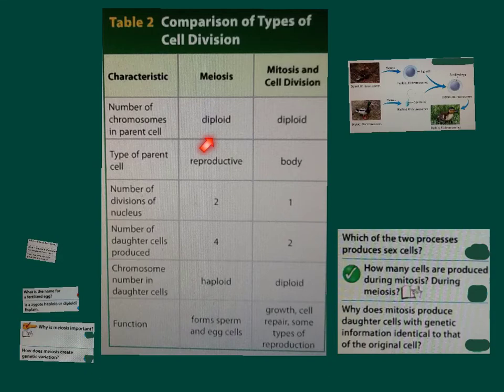The number of divisions of the nucleus in mitosis is 1, which we've talked about. In meiosis, it's 2. Remember, it goes through the process twice. That nucleus divides 2 times. The number of daughter cells produced in mitosis is 2.